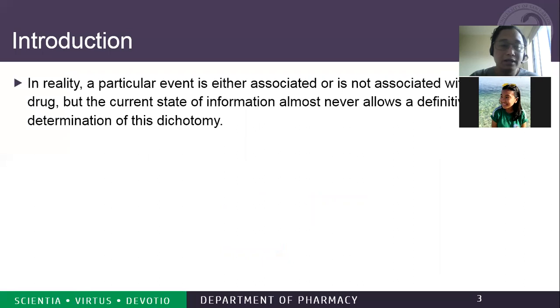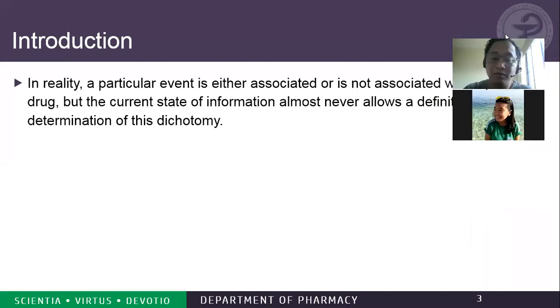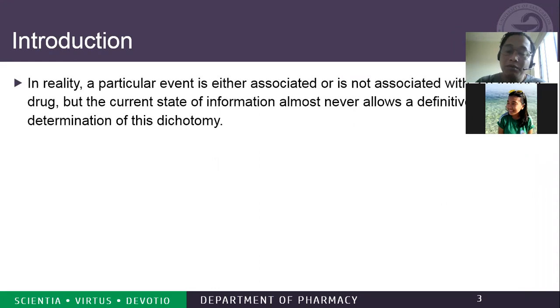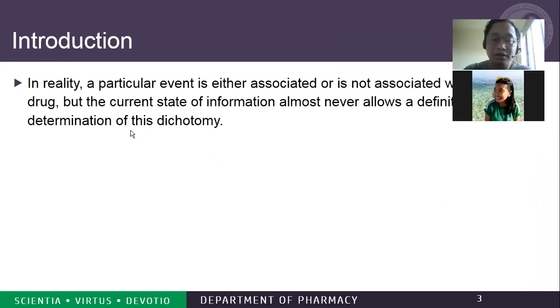So in reality, the particular event is either associated or not associated with a drug. But the current state of information almost never allows a definitive determination of this dichotomy, because it depends on the milieu of each patient.